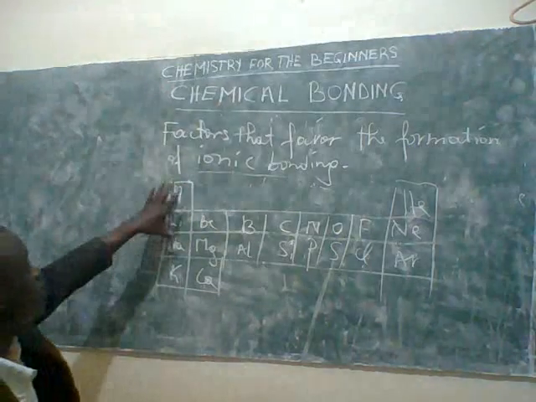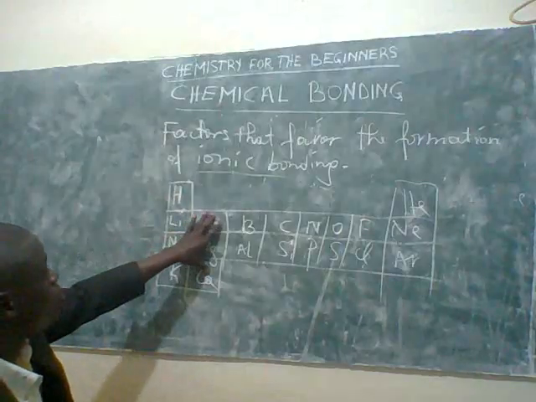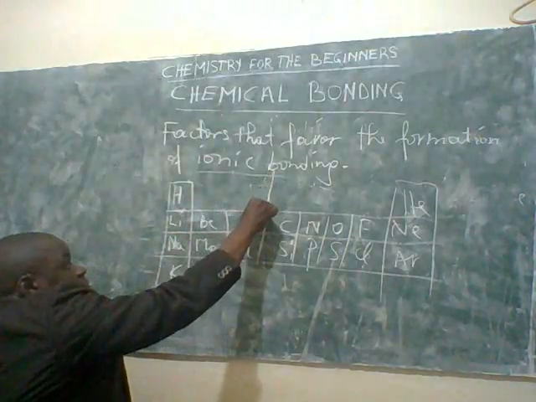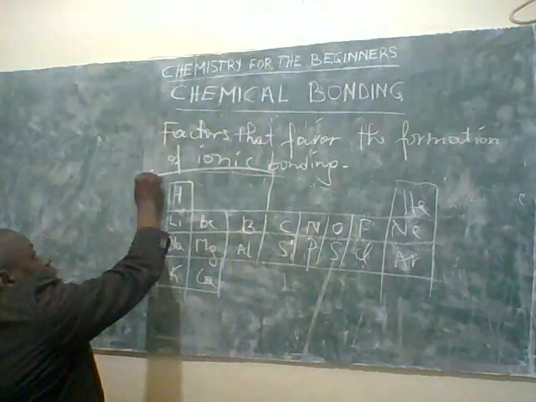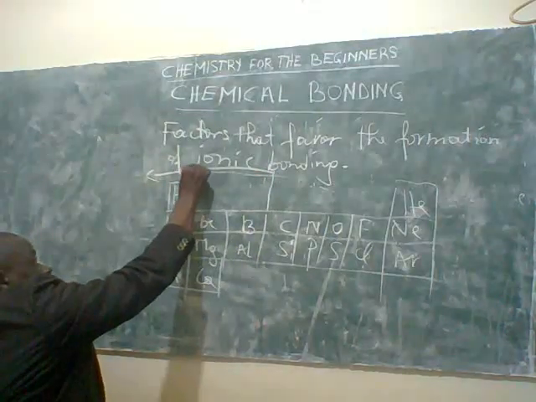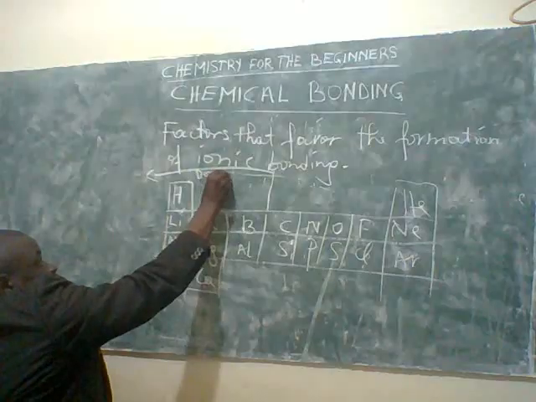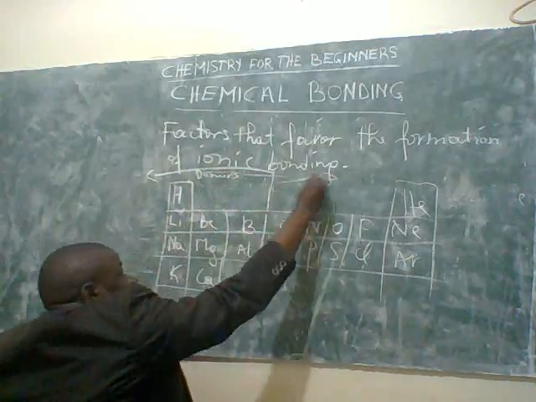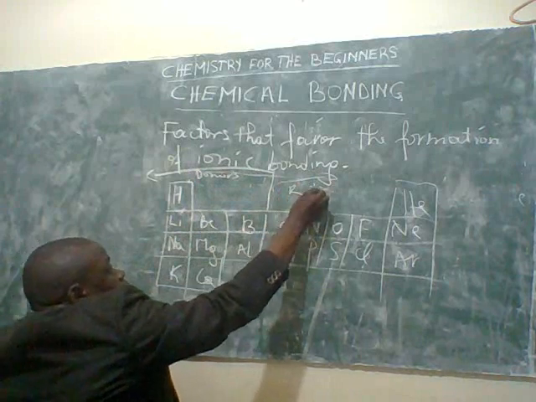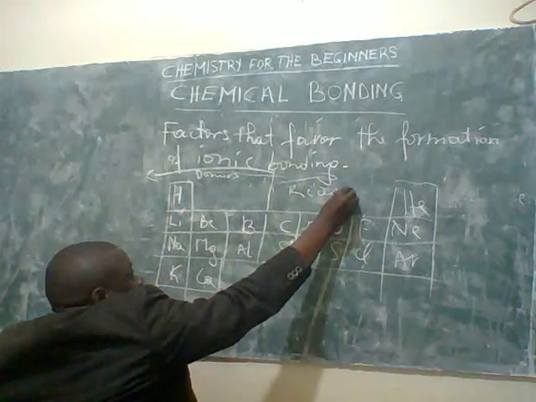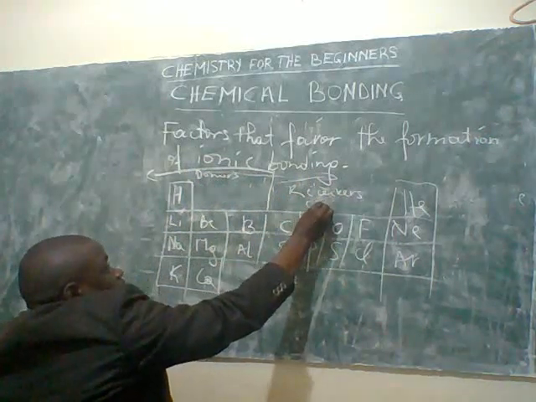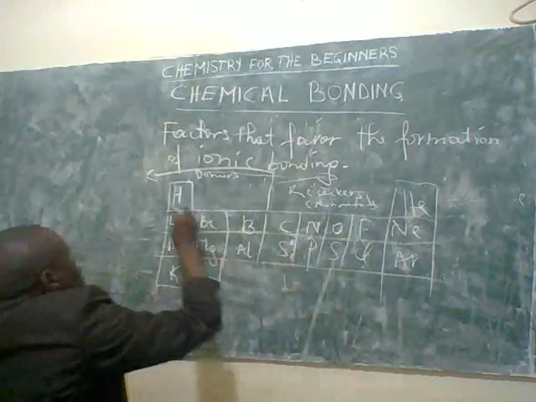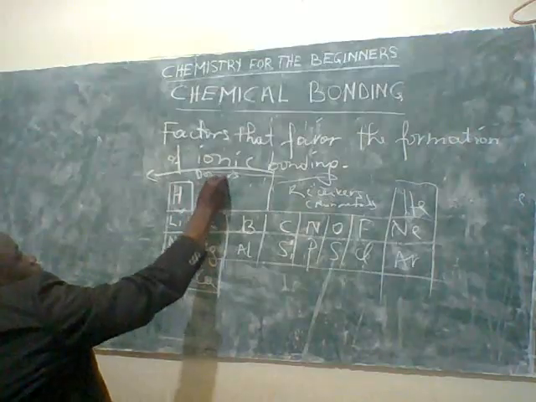You see, this is group one, this is group two, this is group three. Metals stop from here and then we come this side. All of these are the donors, and here on this side they are the receivers, which means non-metals, and here they are metals.